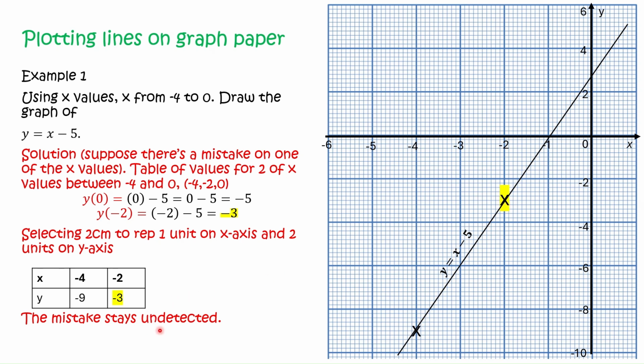So unlike with at least 3 points, where it's easy to see where you have made a mistake and detect where the mistake is coming from, if you just have 2 points, then you are likely to make mistakes and go away without realizing that you have made a mistake. In your thinking, you might assume that you've answered the question well, when you might have made a huge mistake. So take note, we need at least 3 values.